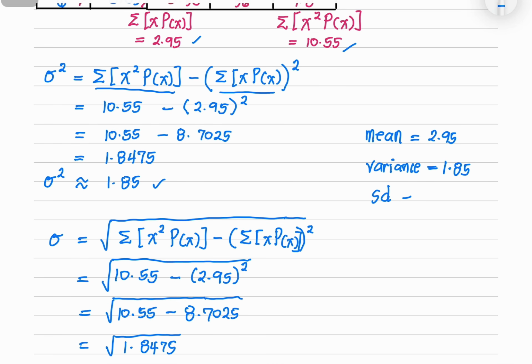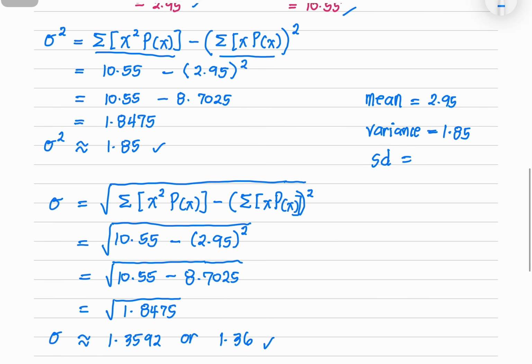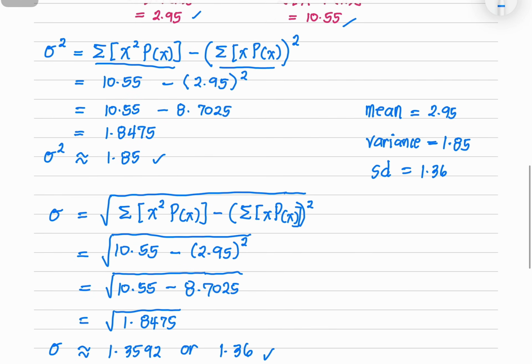And for the SD or standard deviation, that is 1.36. Okay? So, yung solution na to medyo mas maigsi ng konti kumpara sa previous method natin. Okay? So, this is how we use alternative method for us to calculate the mean, variance, and SD.